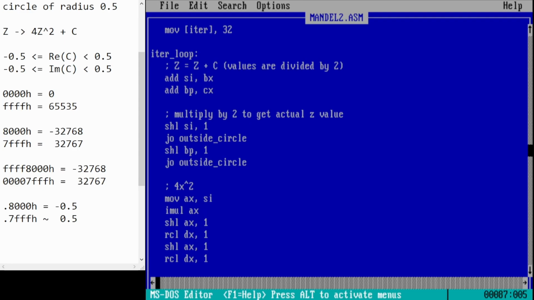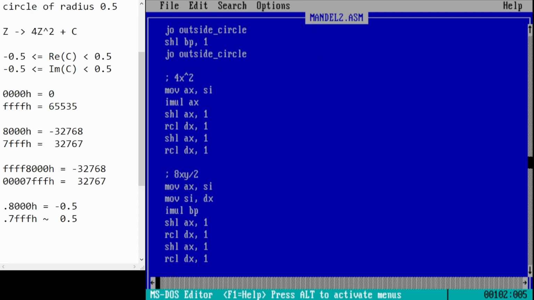And remember, squaring a negative value gives you a positive value, so I actually end up with an unsigned result when I do this square, and it'll be in the range 0 to 0.25. And then I multiply by 4, so I'll end up with a value in the range 0 to 1. But this is an unsigned value, and so that'll actually fit in our register, which is really cool.